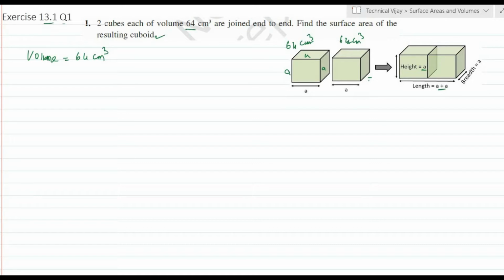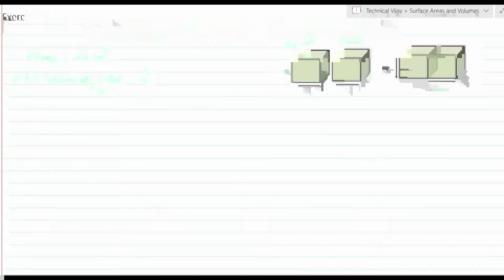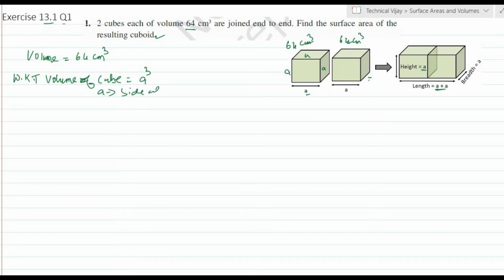So we have to find out the surface area of this one. First, to calculate this, we have to find the side A. The volume of a cube is A cube, where A is the side of the cube.